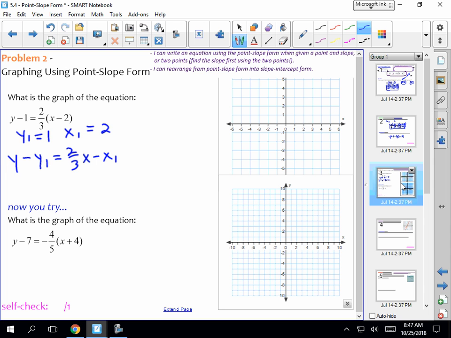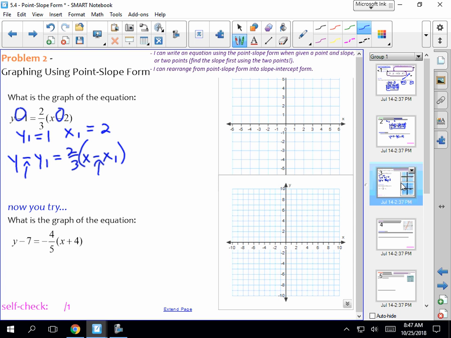Do you see the negative signs in the equation? Parentheses around that. See the negative signs here and here in the equation? So if the signs are negative here and here, then that means x1 and y1 have to have been positive. If it changes it to a plus, then they are negative. So it's the opposite of that sign. So just be aware of that because of the negatives in the formula.